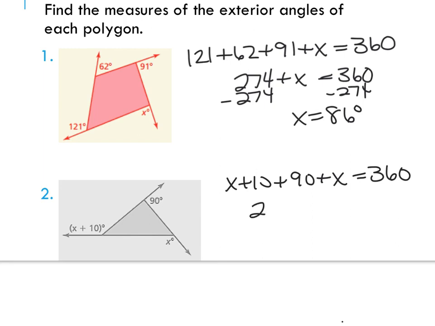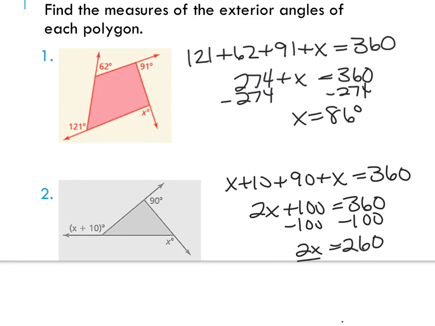Combining my like terms, I get 2x plus 100 equals 360, and move over my 100. Divide by 2, and I get x equals 130 degrees.